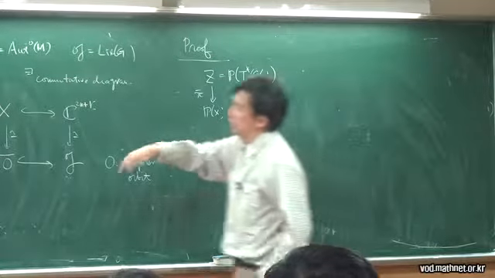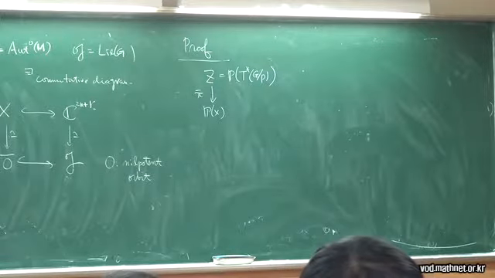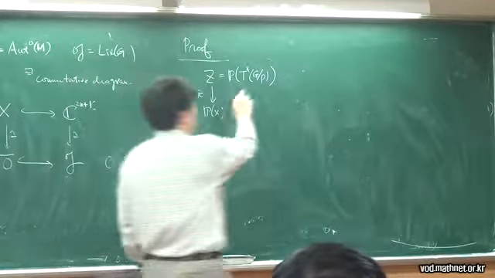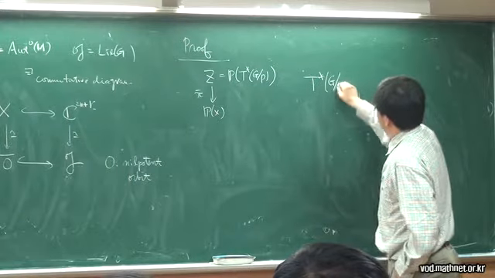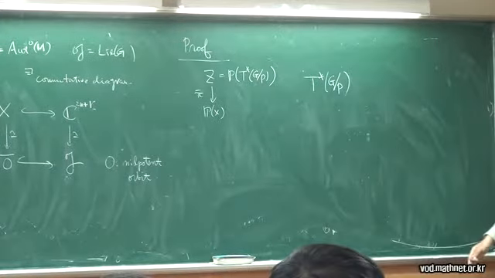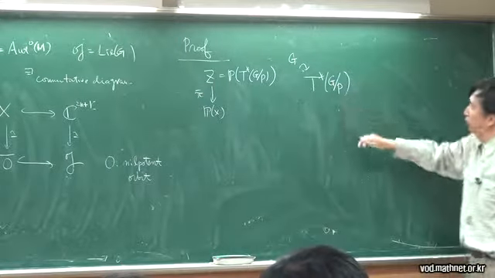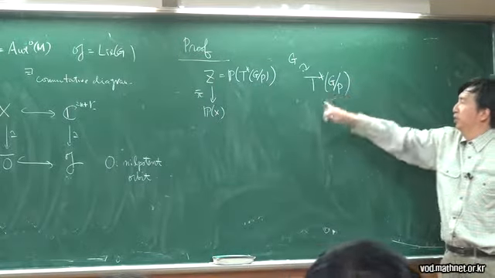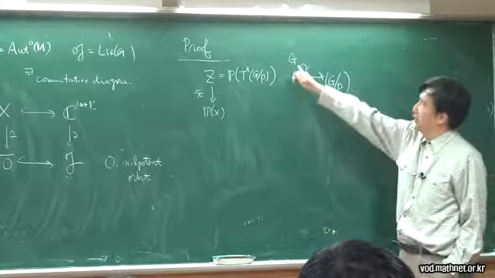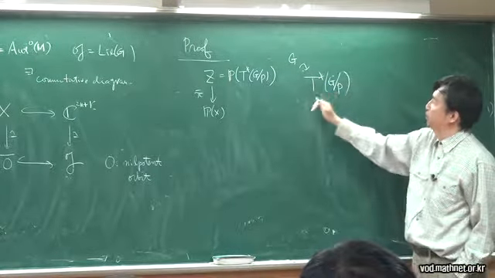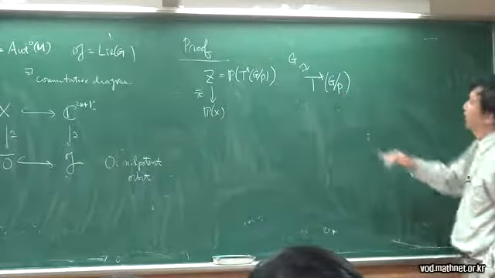M is just written in the following form, G/P. You can consider the cotangent bundle, and there is a natural action of G, because this is a G-variety, so the cotangent bundle is a natural G-variety. This has a canonical symplectic 2-form, and this action is a Hamiltonian action.